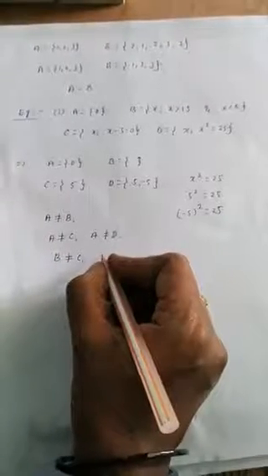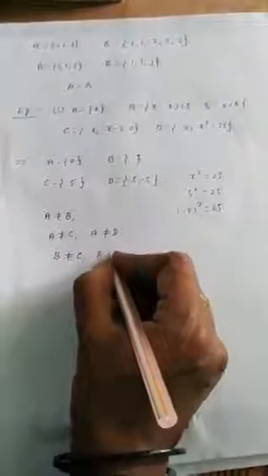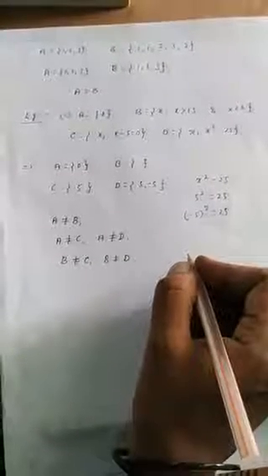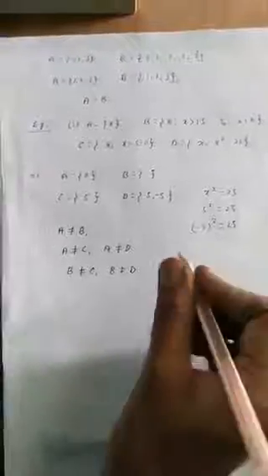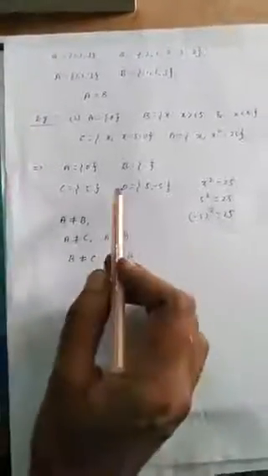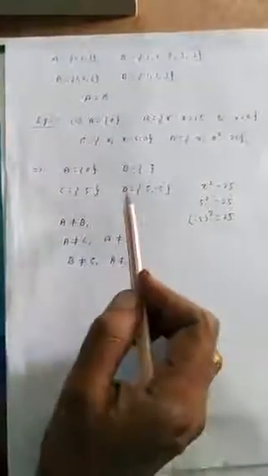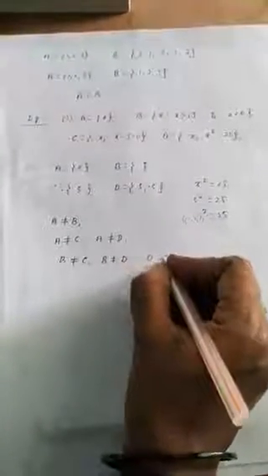No, B is not equal to C. Next, B is not equal to D. If I start with D, D is not equal to A, D is not equal to B, D is not equal to C. So here there is no pair of sets that are equal. All the pairs of sets are unequal.